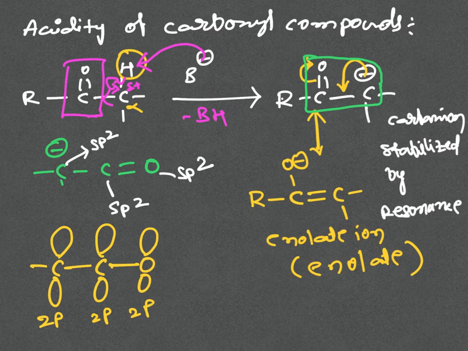Now carbon and oxygen have formed a double bond by sideways overlapping. This is always a pi bond, which involves atomic orbital overlapping, and the negative charge is present in the atomic orbital. If we take an enolate ion, the carbanion resonates with the enolate ion.